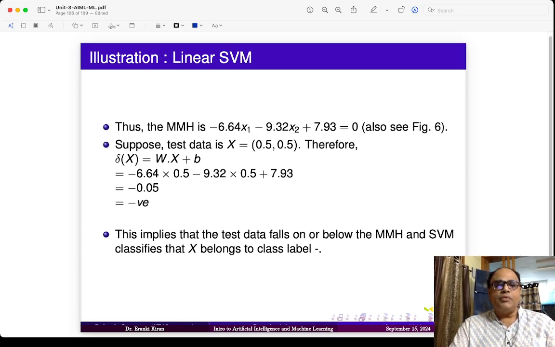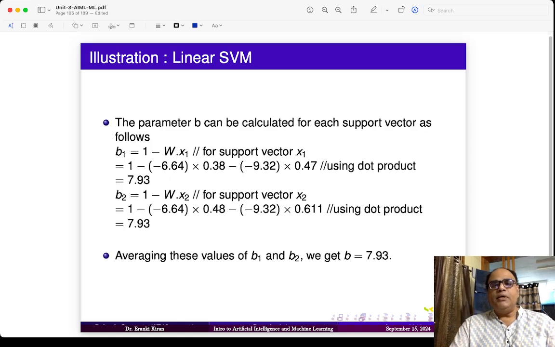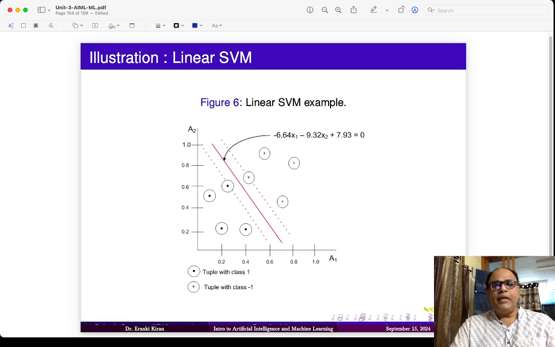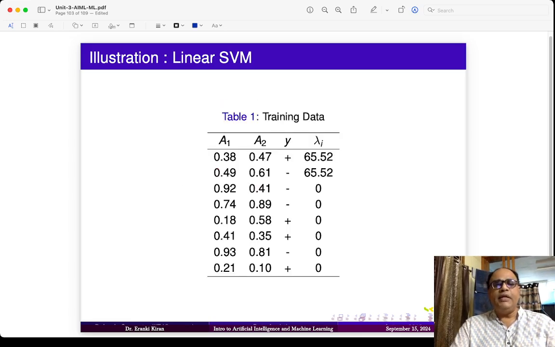It turns out to be minus 0.05. It's a clear indication that this test data falls under the negative class. So first you have to identify the linear SVM and its hyperplane from the given data.